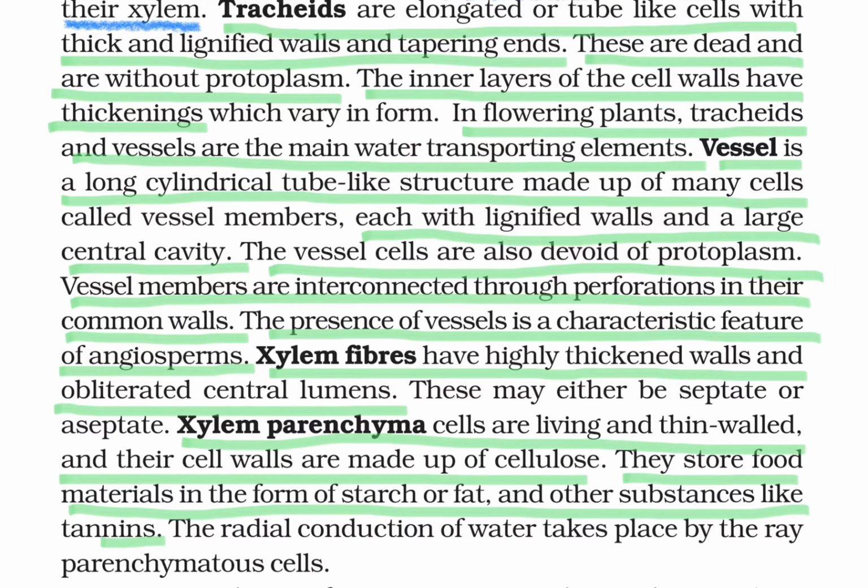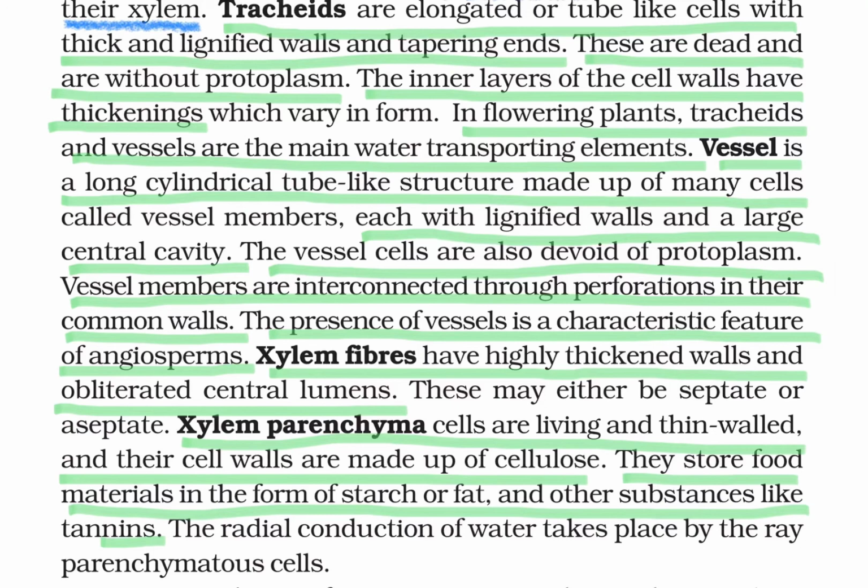and gymnosperms. Then the third type of xylem cells are xylem fibers or xylem sclerenchyma. They have highly thickened walls and obliterated central lumens. These may be either septate or aseptate. There are various lignified patterns which are found.